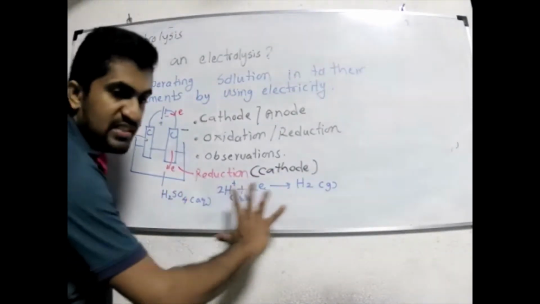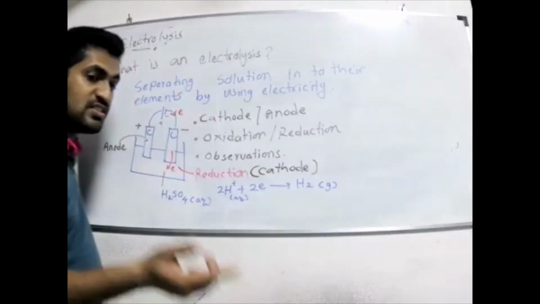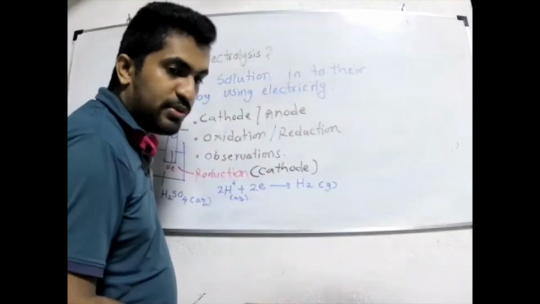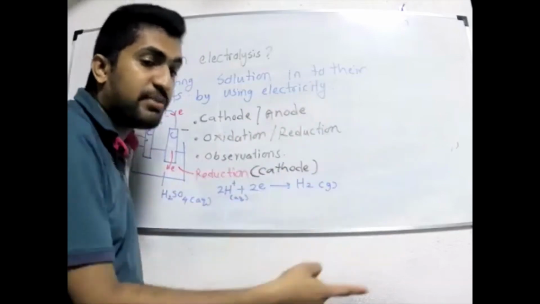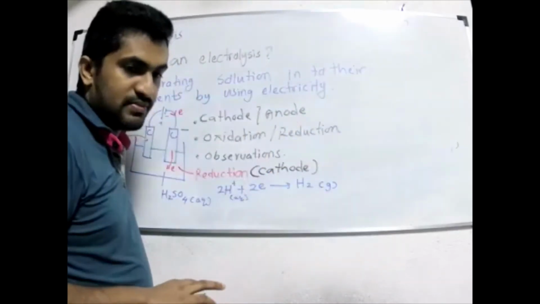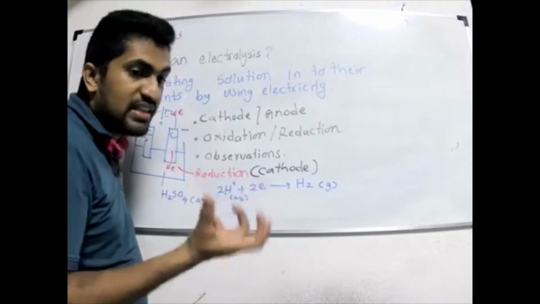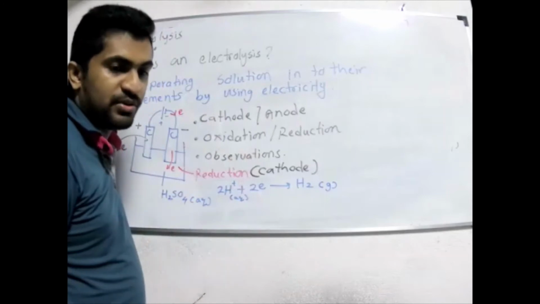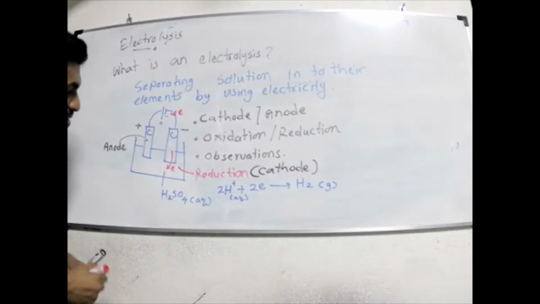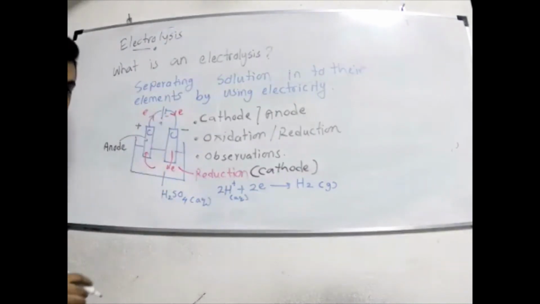If H plus is the one going through reduction, someone needs to maintain the flow of electrons. That means someone needs to give electrons to make the continuous path of electron flow.